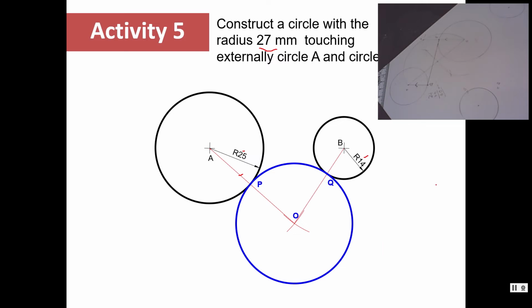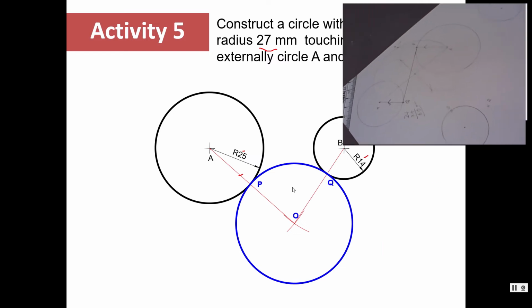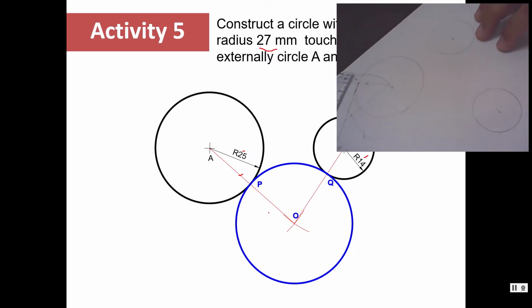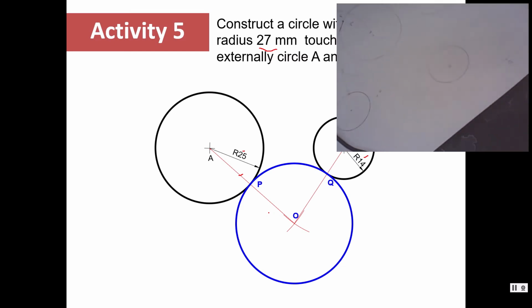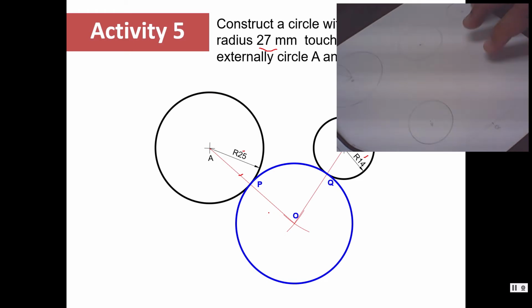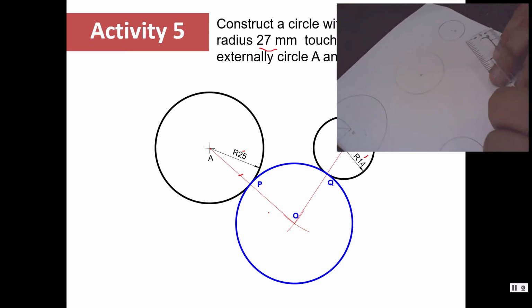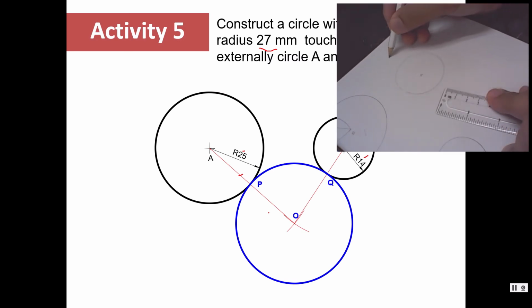Okay, so let's all do it together. So now you have two circles, with the radius of 25 for this one and 14 for this one. We want to draw the first circle.